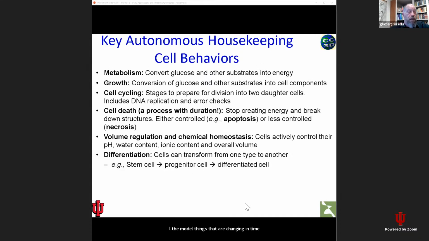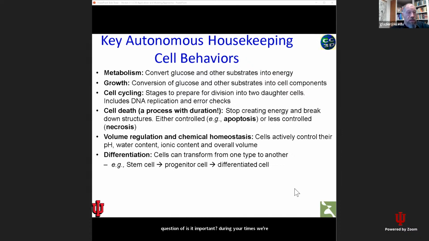And so we have to think about autonomous housekeeping behaviors of cells: metabolism, growth, cell cycle, cell death, volume regulation and chemical homeostasis, and differentiation. And again, each one of those we have to break down into the question of, is it important during the times we're looking at?